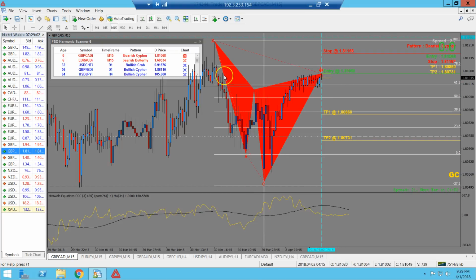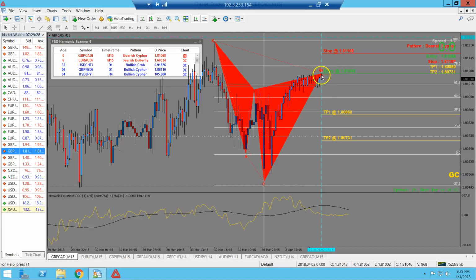Like I said, this is something that one of my mentors shared with me, and it's been really helpful. It will definitely help you with your entry. So right now, this could drop, or this little D point can extend just a little bit more, up here to the 78.6.